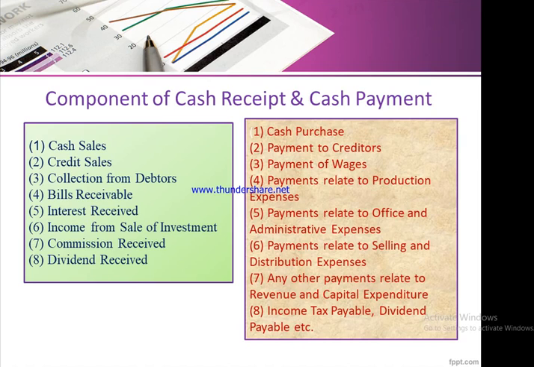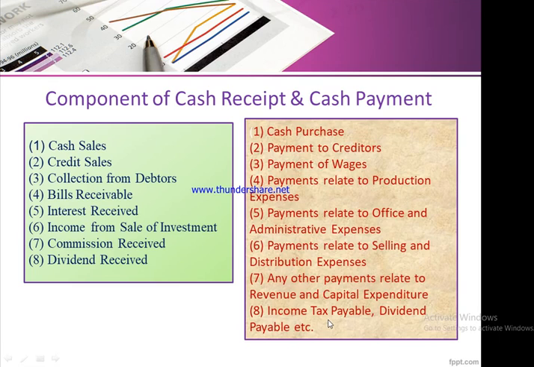Even though the plant and machinery will be bought at 5 lakh rupees worth, out of that 5 lakh, if 1 lakh is going to be paid at the time of delivery, and the remaining amount is going to be spread as 1 lakh for the next 4 months, then it may be in the form of installment payment. Depending upon the modalities of payment, we need to capture that.